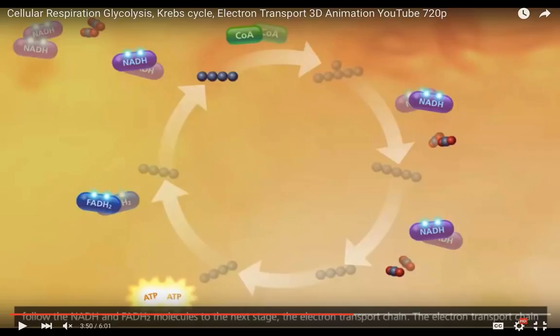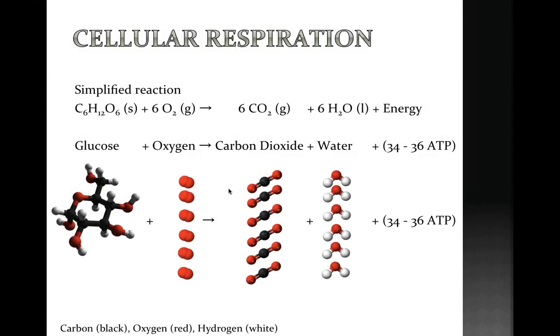Di means 2, carbon dioxide. So you see the two oxygens here, the two red balls are the oxygen. At this point, the glucose molecule has been basically used up, almost gone.